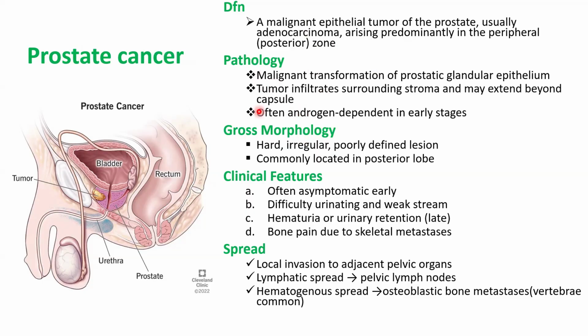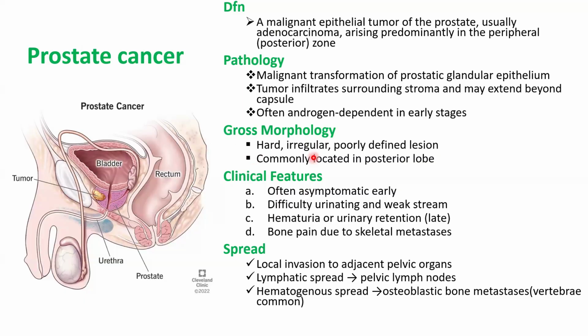Now the features of this prostate cancer are irregular, poorly defined lesions that are most commonly located in the posterior lobe of the prostate.